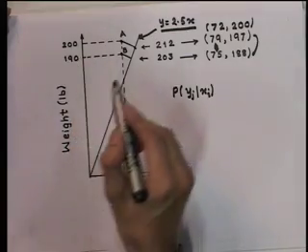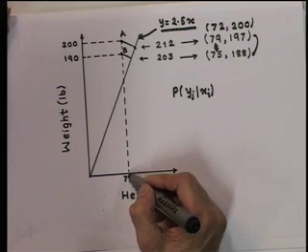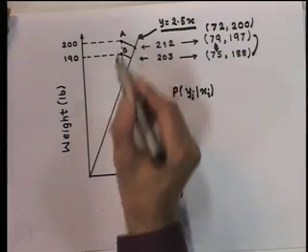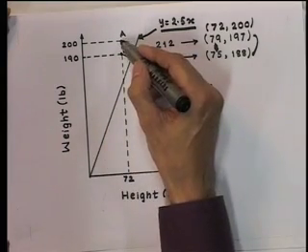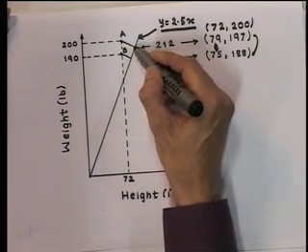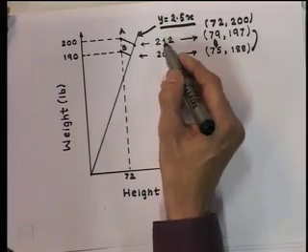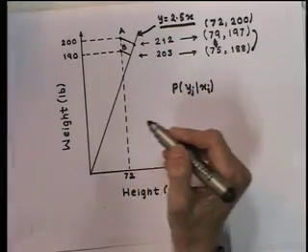For instance, suppose somebody is 72 inches tall and 200 pounds in weight, that is corresponding to point A in the figure. Now, if we take the projection on the line y is equal to 2.5 x, this corresponds to a point at a distance of 212 along this line.